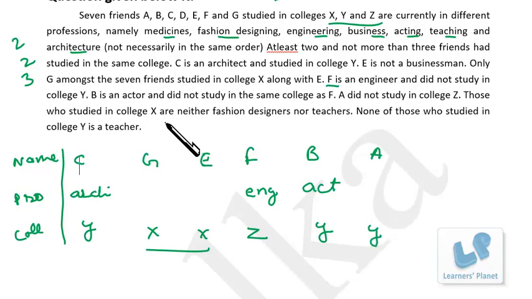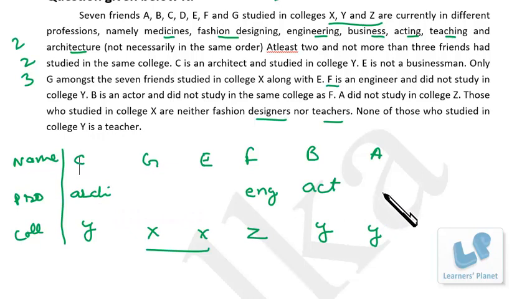Those who studied in college X are neither fashion designer nor teachers. None of those who studied in college Y is teacher. So he's architect, he's not teacher.